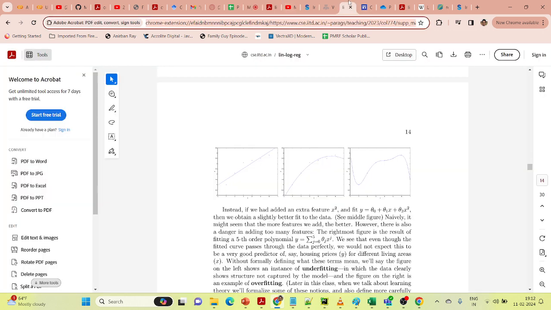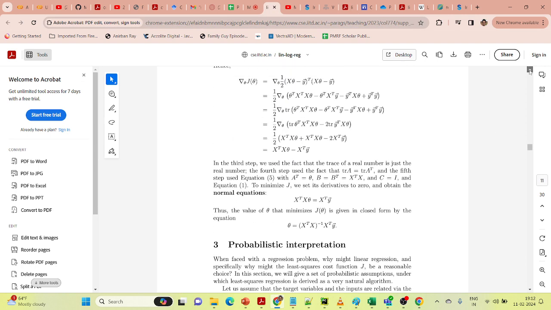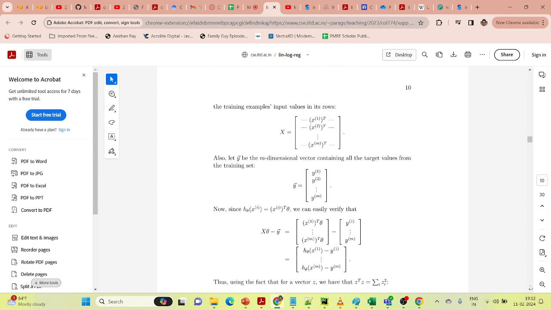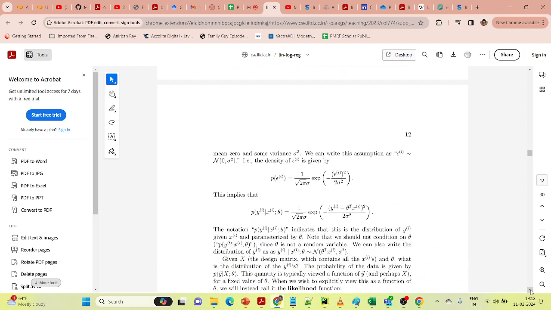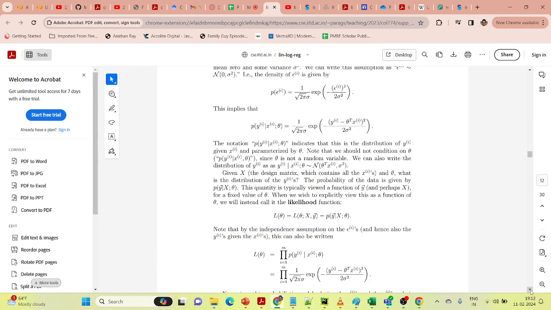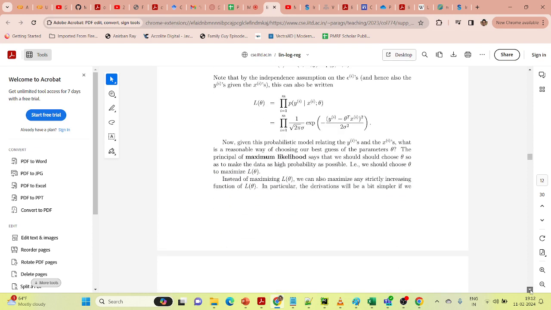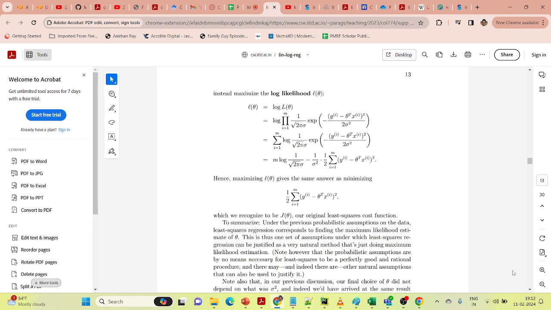So I was telling, he has derived it both ways. What I have done is this probabilistic derivation here. As you can see, this is the likelihood function he has derived, and after that maximizing the likelihood to get to the squared error.